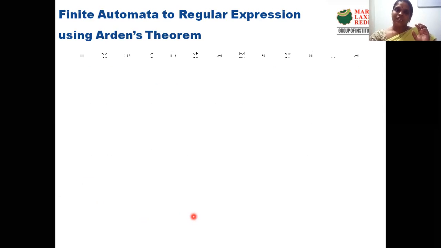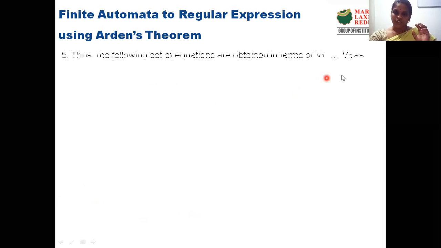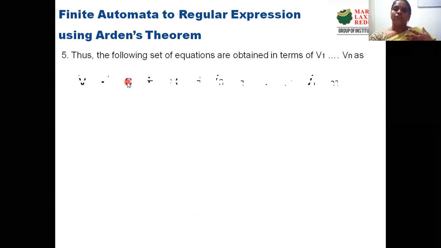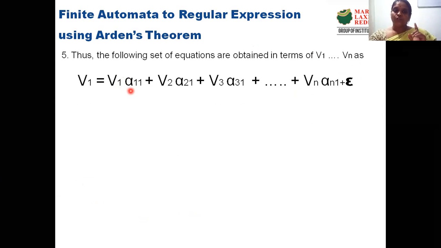So with these assumptions, we can generate the equations for the regular expression such that V1, V2 and so on up to Vn, where V1 is V1 into alpha 11. That means V1 is treated as the state of the automata, and alpha 11 is the transition coming from state 1 to that state itself.